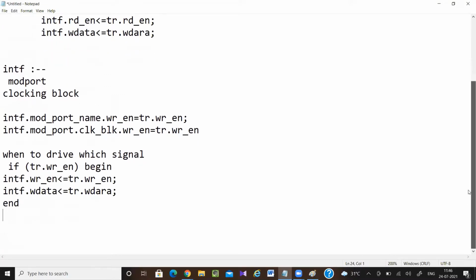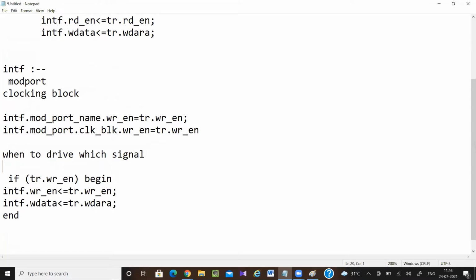These things are done in the driver. The driver code may look simple, but it is very important, because if you make any mistake here, even if your design is correct, it is going to give you the wrong output. So here you have to be careful about when to drive which data. Whenever the write enable signal is equal to 1, only at that time drive the write related signals.